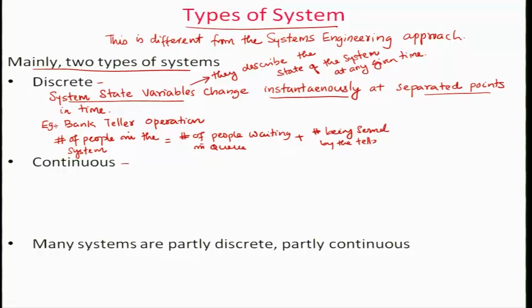If you imagine a bank teller, with people waiting in a queue in front of the teller, and one person being served, or maybe two, it does not matter. Then the total number of people in the system is the sum of the people waiting in the queue and the people being served.